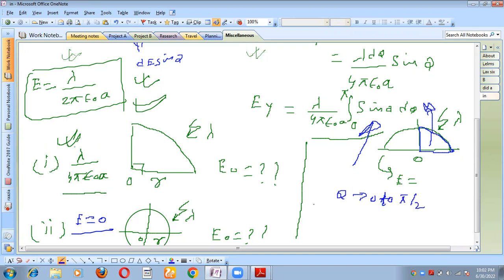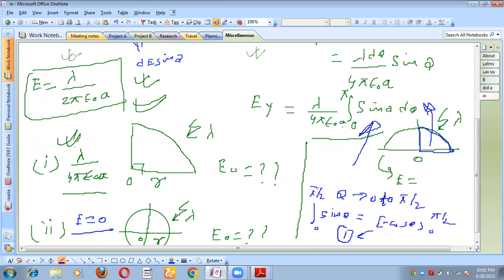You will get the integration as 0 to pi by 2 sin theta d theta. I am not doing the whole expression, I am just calculating the integration. This is the main part, right? So the integral of sin theta will be minus cos theta, and the limit will be 0 to pi by 2. So you will get this result as 1.